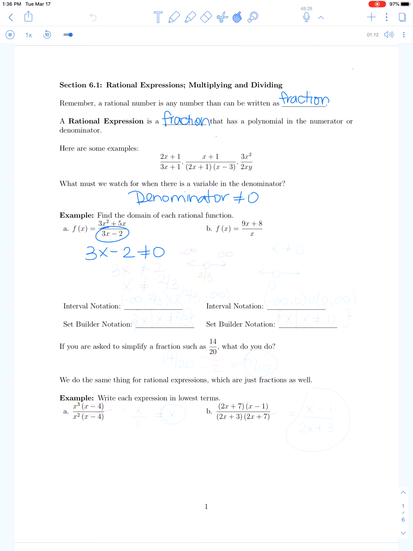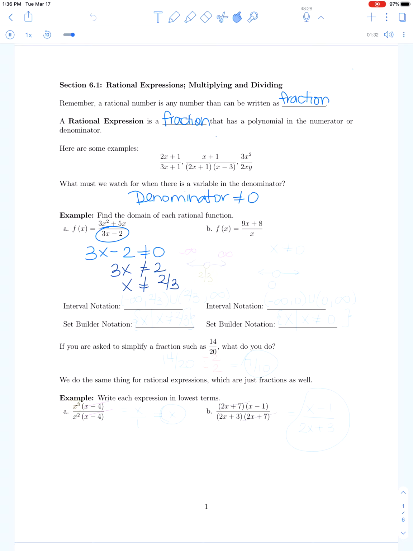We can solve this like we would a normal equation by adding 2 to both sides, and then dividing both sides by 3, which means that x cannot equal 2/3. X can be any other value, but x cannot be 2/3.